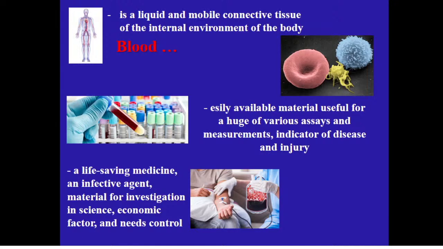Blood is a life-saving medicine, but also an infective agent. Don't forget about transmissible diseases. This is material for investigation in science, and of course, an economic factor, because it can save a life and it can bring death. So it needs to be controlled, the blood of people and the blood that we take from people to save lives.